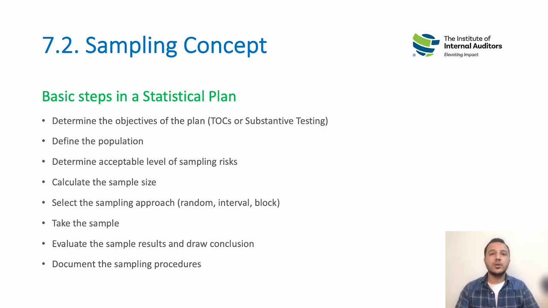So that is a control design. Substantive testing is that every time someone takes money in or out of that locker, they follow certain procedures. We spread that out through a time frame, take a sample from that population, and ensure that every time money goes in or out it is done through proper review and approval procedures.